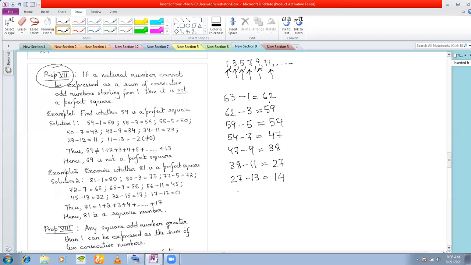And from 14, I subtract the next odd number, which is 15. So what do I get? I'm actually getting a negative number, right? I'm not getting a 0 here.